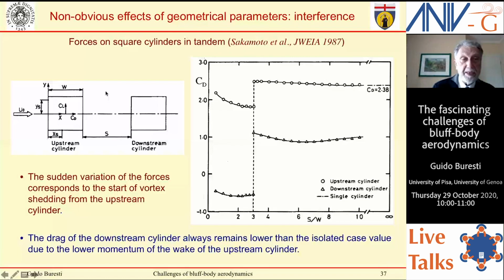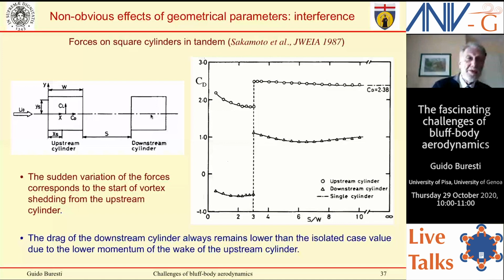Low pressures mean that the downstream cylinder has a negative drag, so it gets a traction. This is well known actually. But what is the reason for this sharp discontinuity? The reason is that suddenly the vortex shedding starts to occur from the upstream cylinder, and this obviously causes a very high drag on the downstream cylinder, and also increases the fluctuating forces.